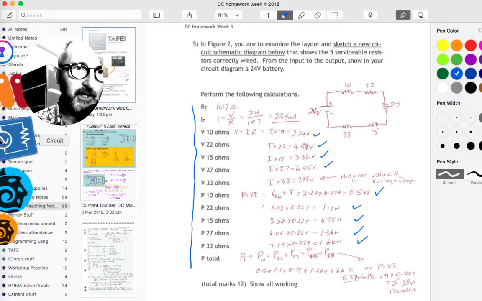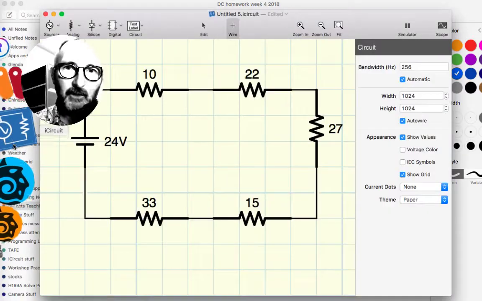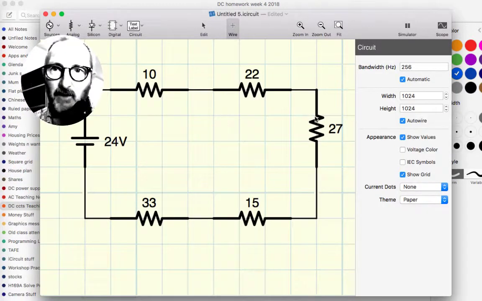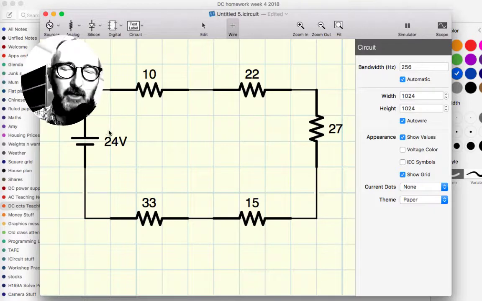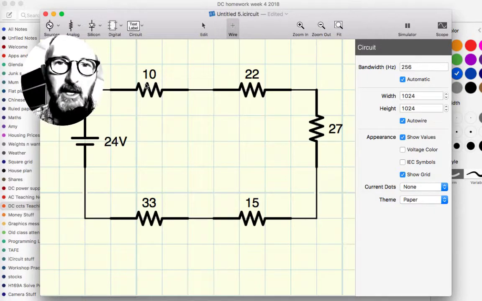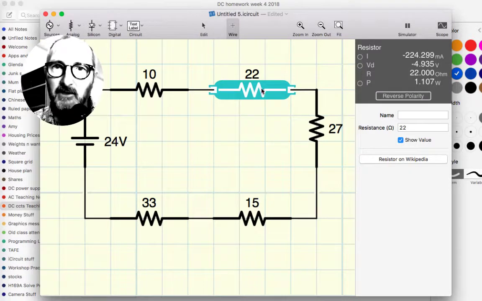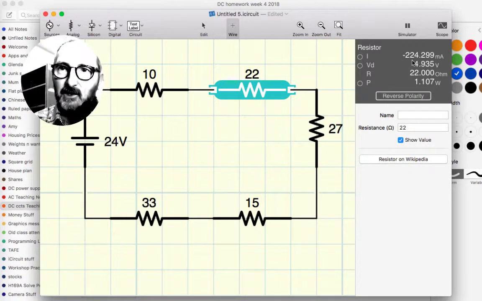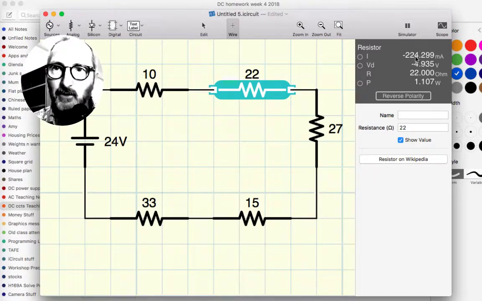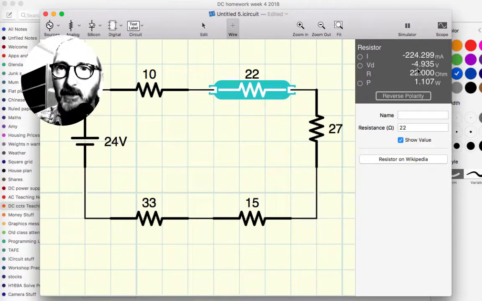Sometimes I do this, but more so today I just wanted to demonstrate that if you use something like iCircuit, and we've looked at this before, you can make the circuit up. Here's our 24 volt supply, 10, 22, 27, 15, 33 ohm resistors, and simply by selecting one resistor, such as the 22 ohm resistor, I can see that it has 224.3 milliamps flowing through it.